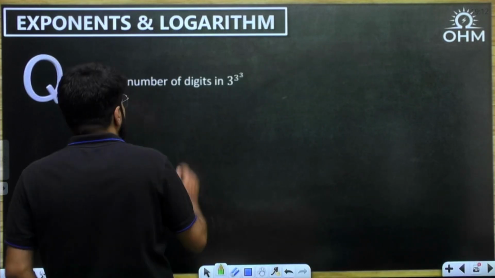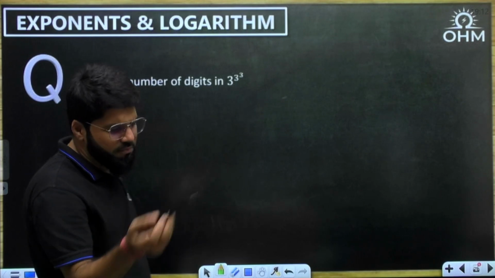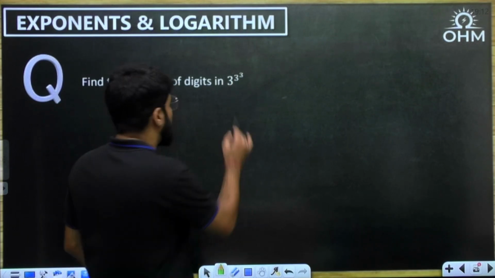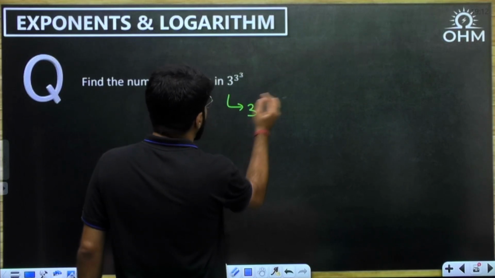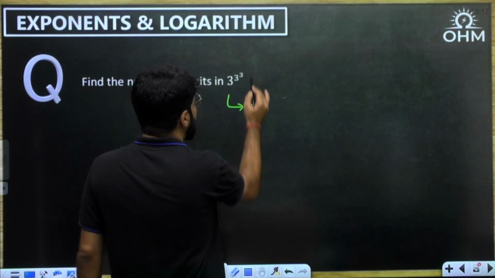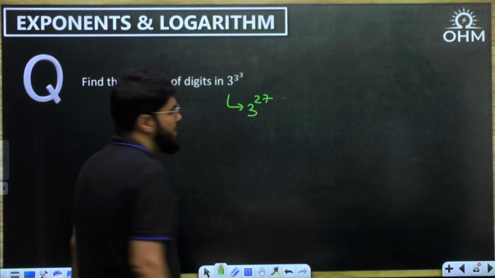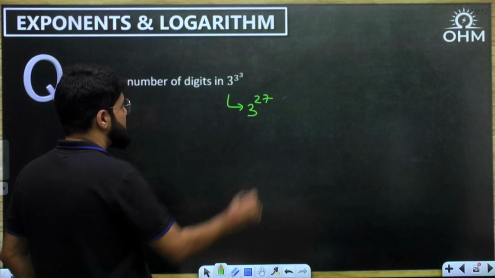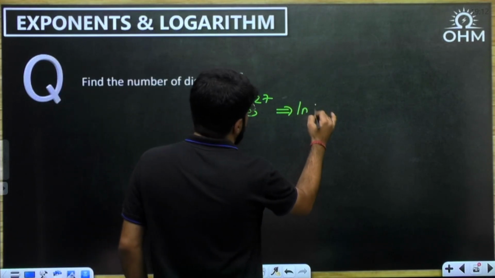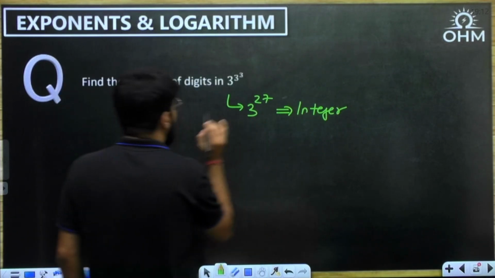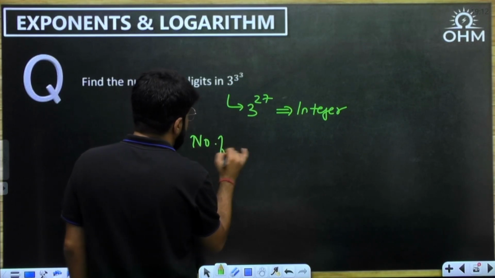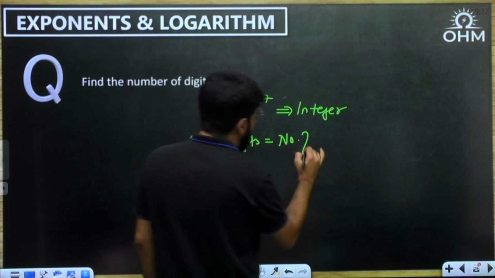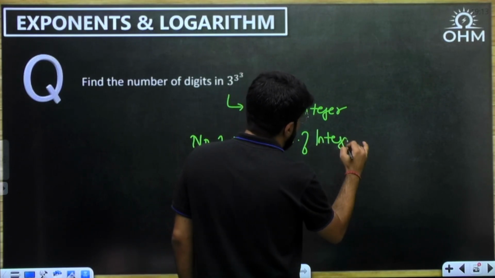Now, to find the number of digits. Number of digits means number of integral digits here, because 3 power 3 is 27, and 3 power anything will be an integer only. So when I say number of digits, I automatically mean number of integral digits.